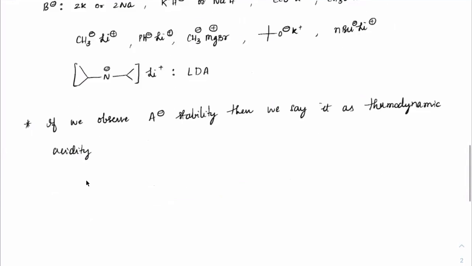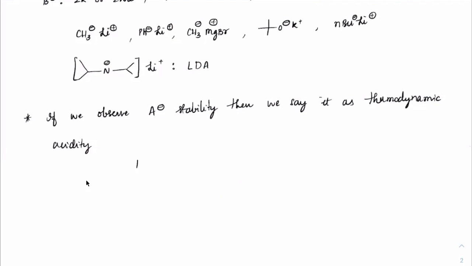Understood? For example, imagine HA is a strong acid, SA meaning strong acid. Suppose after dissociation it has become a weak conjugate base. Now I will check the strength of this. The more stable the A minus is, the more thermodynamically stable it is.